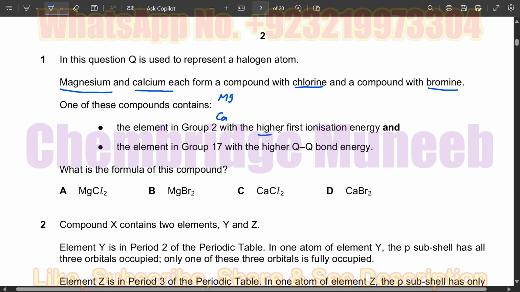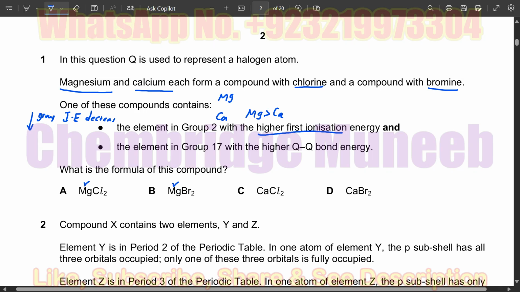Now it says higher first ionization energy, and we know according to the trend that down the group, ionization energy decreases, which means magnesium must have a higher ionization energy than calcium. So that's how we can find that magnesium is the right element in the compound Q.